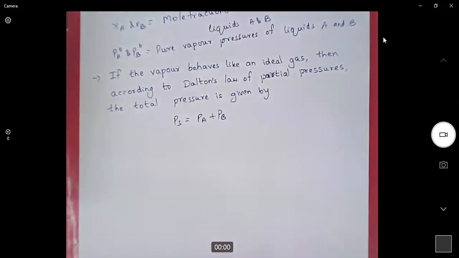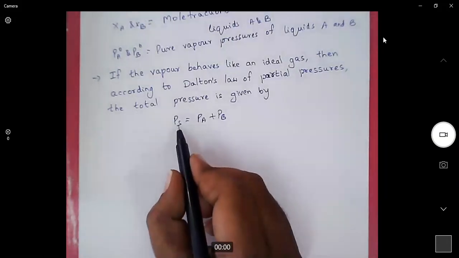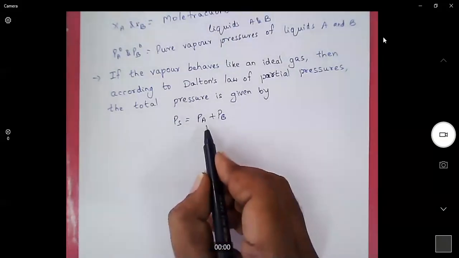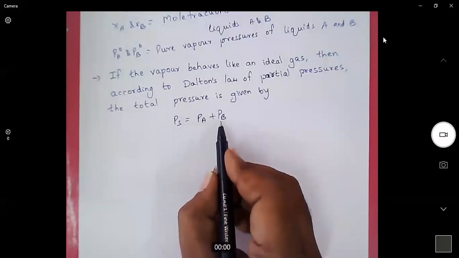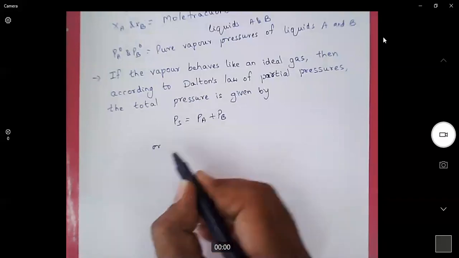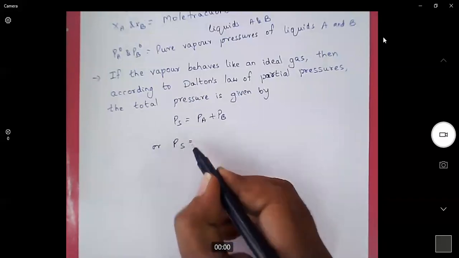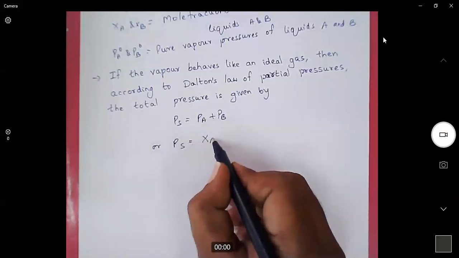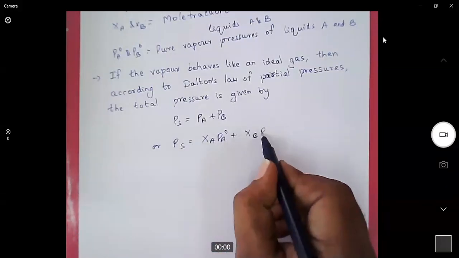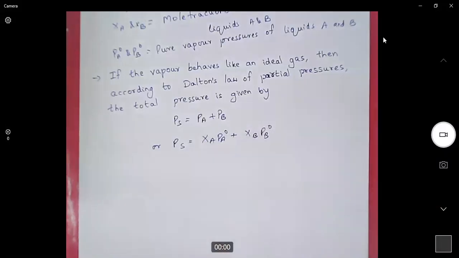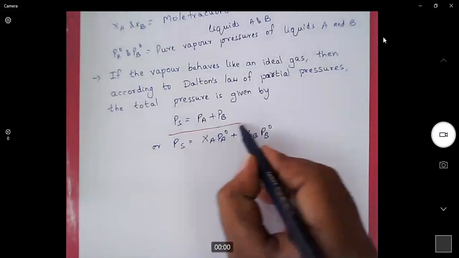If the vapor is an ideal gas, that means it doesn't have any interactions between vapor molecules, then the total pressure of the solution is given by the partial vapor pressure of A plus the partial vapor pressure of B. Or we can say the pressure of the solution is equal to XA into PA naught plus XB into PB naught. This is what Raoult's law is.